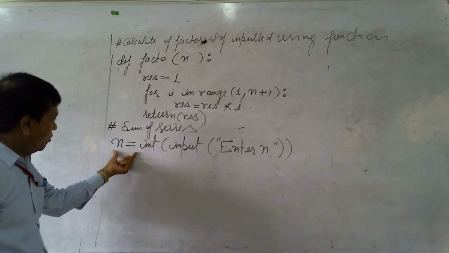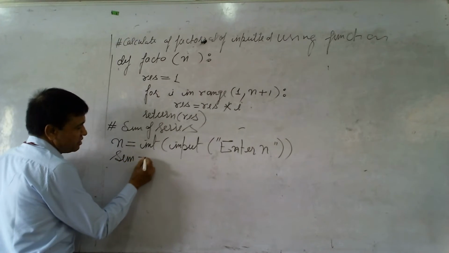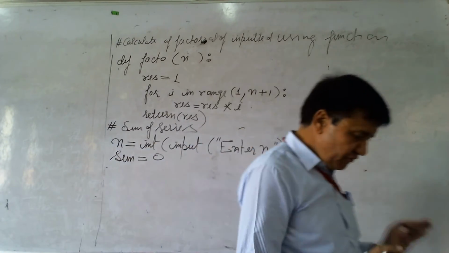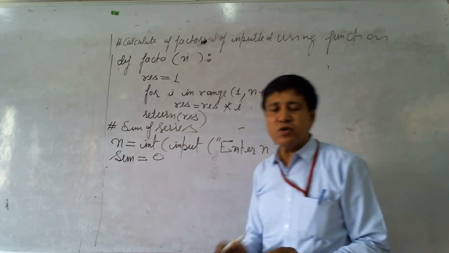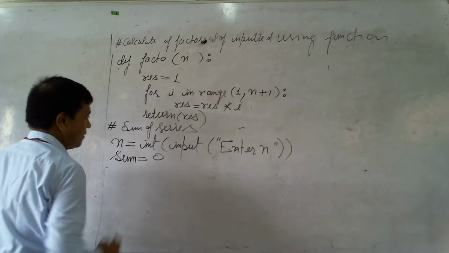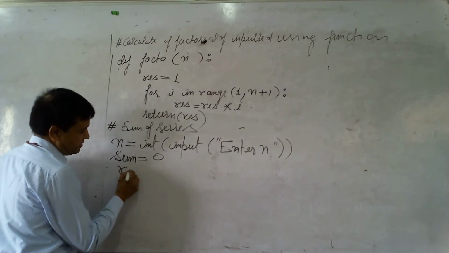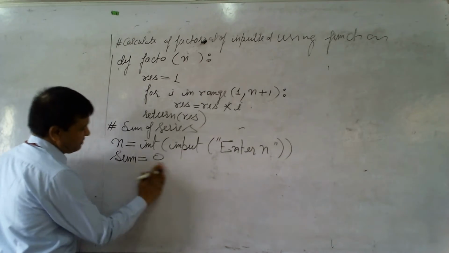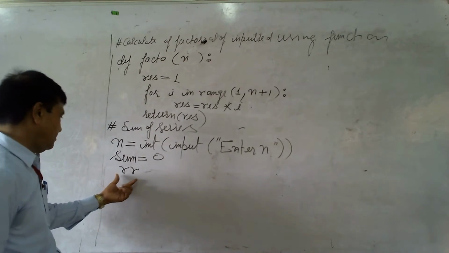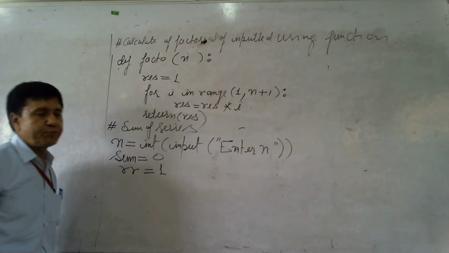Now I have to take one variable, sum equal to 0, to calculate the sum of all the factorials which I have calculated using function. Another variable I am taking is res. Another variable I can take is r. A variable can be taken by any name. In this case, I am taking rr equal to 1. Fine.